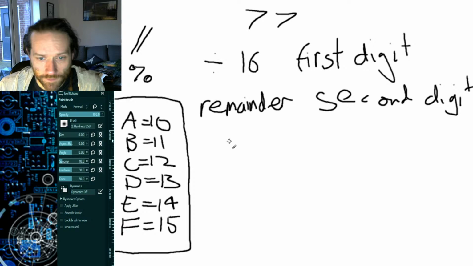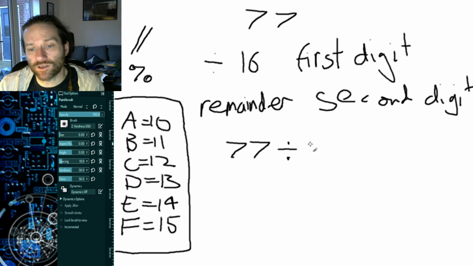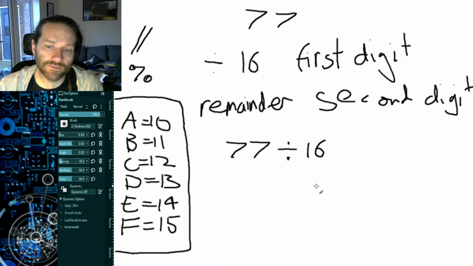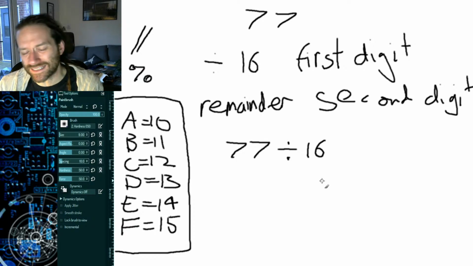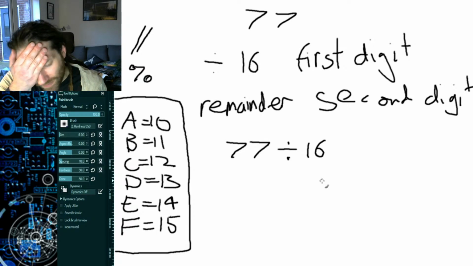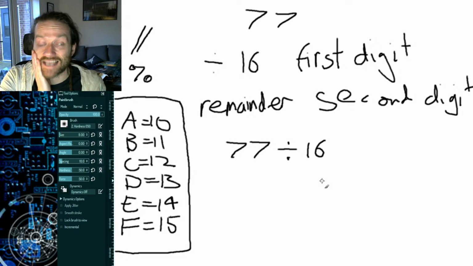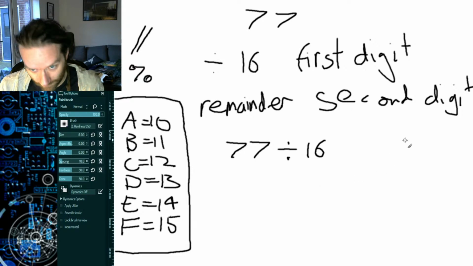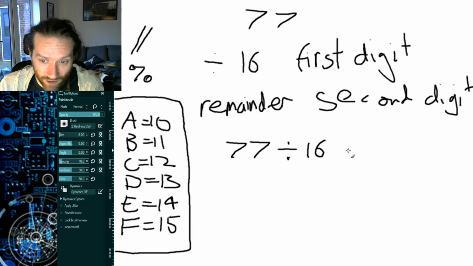So what I'm doing essentially is 77 divided by 16. Now, if you're totally hot on your 16 times table, you will probably know that that's 4. Is that 4 times 16? Because 5 times 16 is 80, right? Am I right there? 77 divided by 16, I think, is 4.